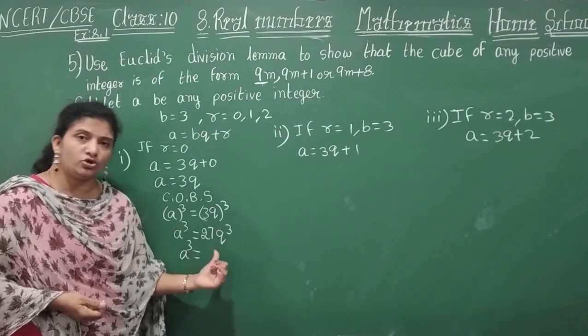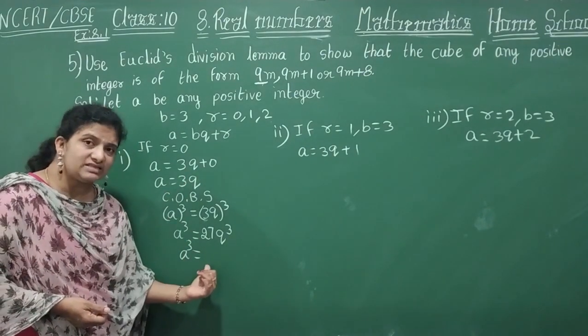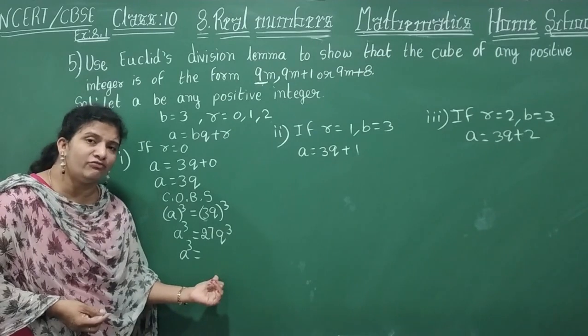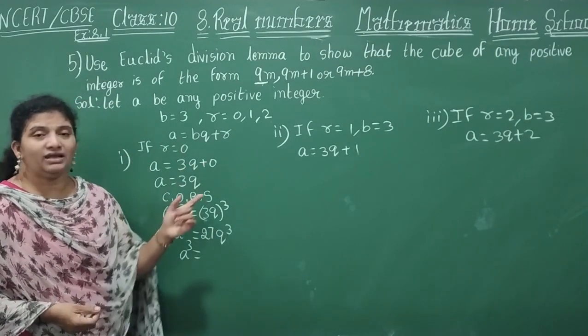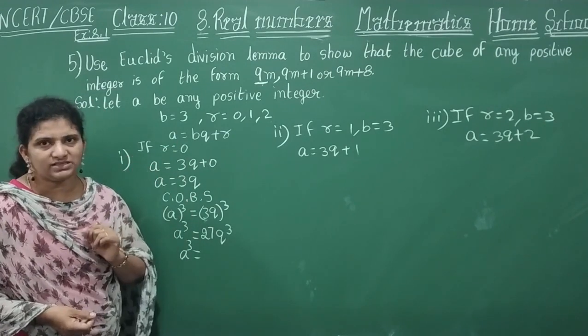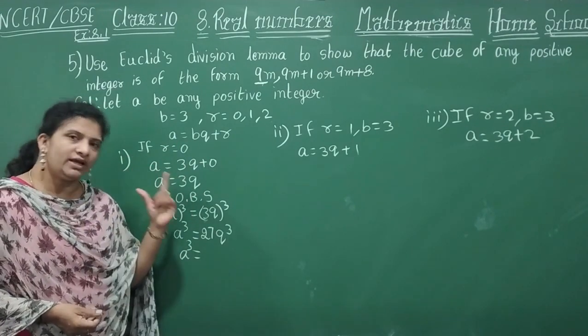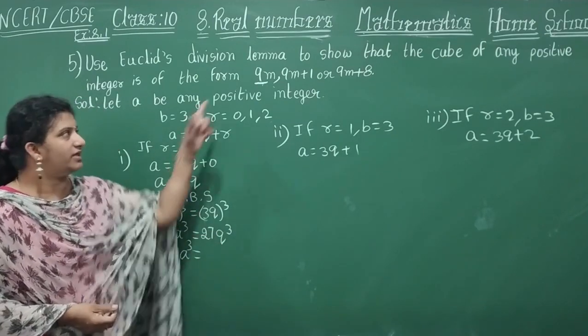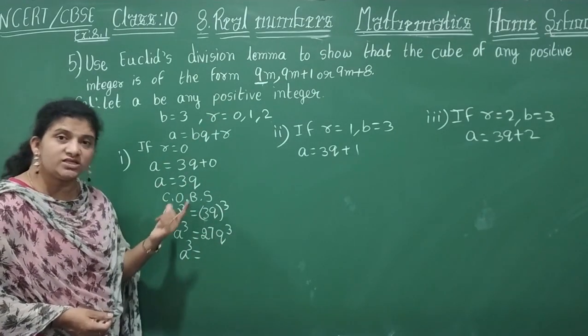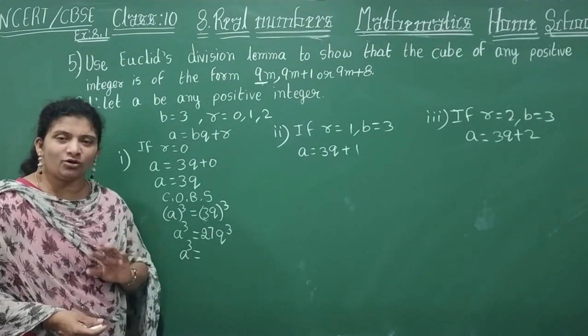So now next step, observe here. What you need to show here? Your answers of cubing should be in the form of multiples of 9m or 9m plus 1 or 9m plus 8. You need to show your answer or rewrite your answer in this format. If possible only you write, but don't try to manage.